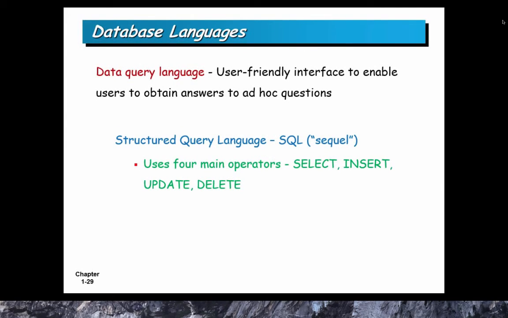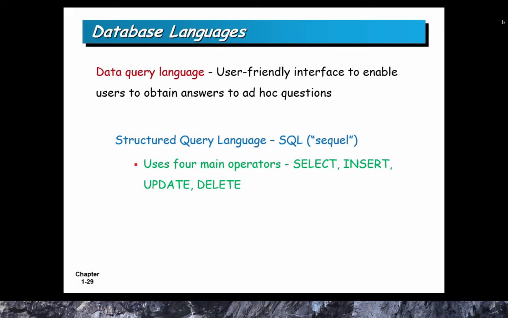Data querying language. This is that 4th generation language that we talked about in chapter 3, I think, that allows you to query your database. The most well-known, the most popular one today is SQL.